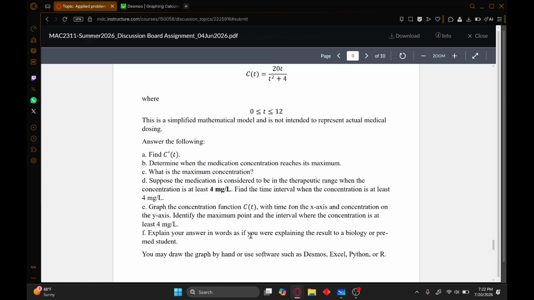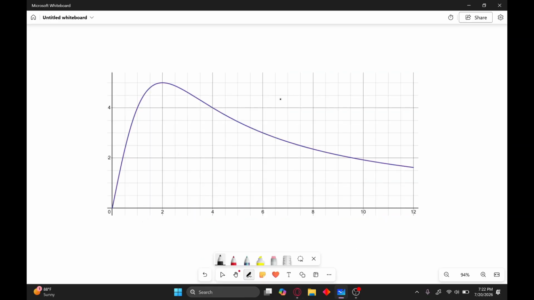Now, the last problem is asking us to answer in words as if I were explaining to a biology or pre-med student. So here we have our graph. As you can see, this is our range of time from t equals 0 seconds to t equals 12 seconds. As you can see, there is a maximum here at t equals 2.